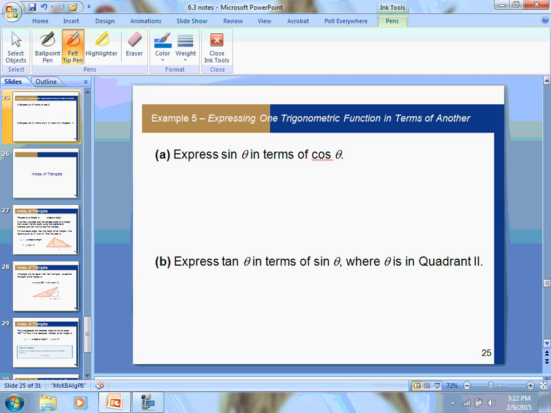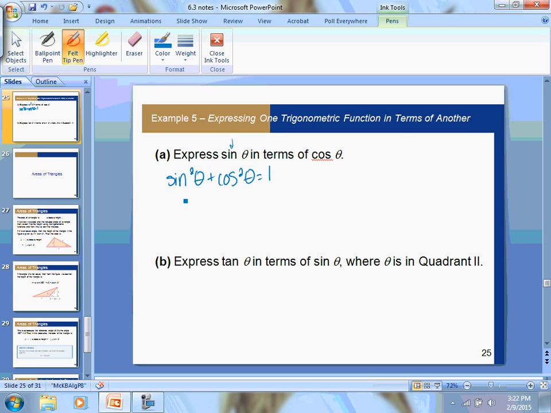So the only Pythagorean identity that we had with the sine and the cosine in it was the sine squared theta plus the cosine squared theta equals 1. Now when they say to express sine in terms of cosine, that means they want you to solve for sine, basically.